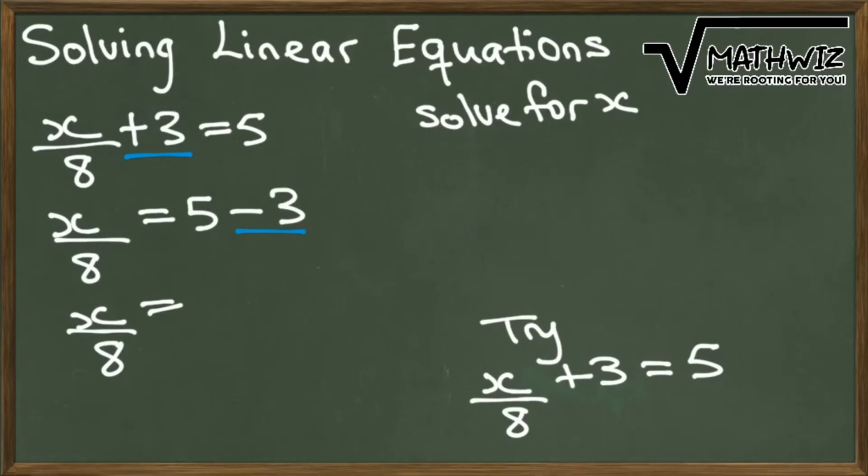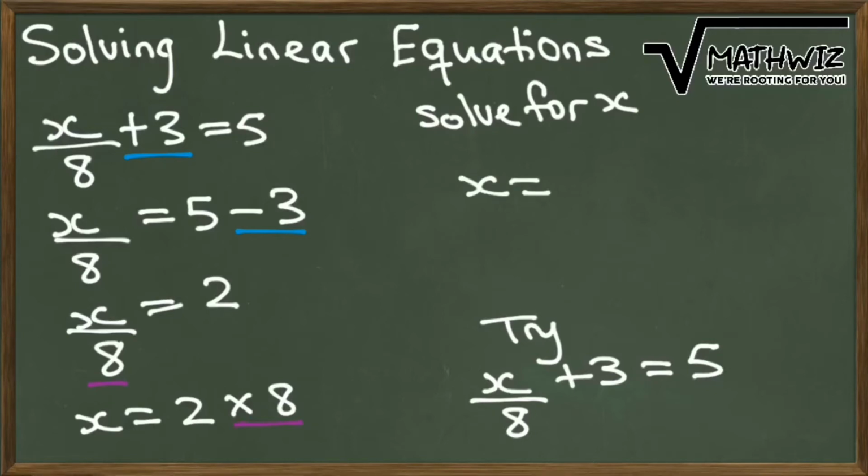Forgot to erase the answer for the previous question. So x over 8 is going to be 5 minus 3, which is 2. The 8, which is divided, when you take it across, you should multiply. And so x is going to be 2 times 8, which is 16.